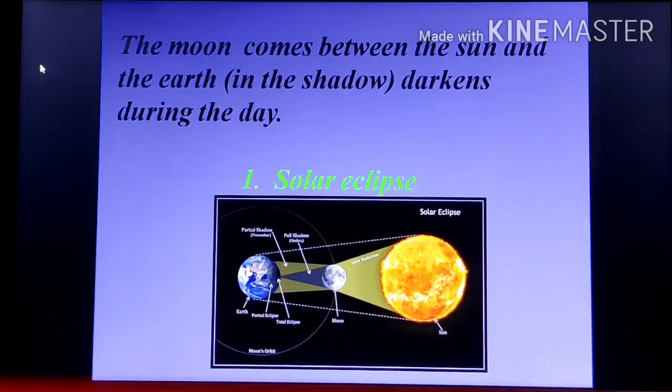In a lunar eclipse, the moon and the sun are in a straight line such that the earth is between the sun and the moon. Here in the solar eclipse the moon is between the sun and earth, and in the lunar eclipse the earth is between the sun and moon, and the shadow of the earth falls on the moon. The moon cannot be seen in the lunar eclipse.